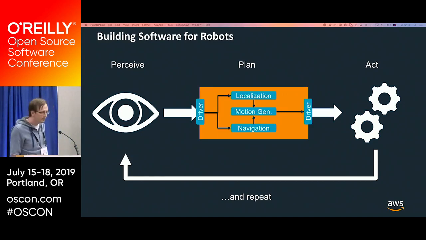Okay, let's dig a bit into what's happening there. In a similar way to what you would have in the cloud with microservices, roboticists want to separate concerns into multiple components. Here what you can see is that we'll have drivers on the left and on the right of this orange box.